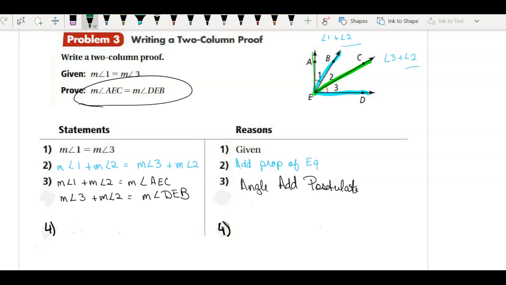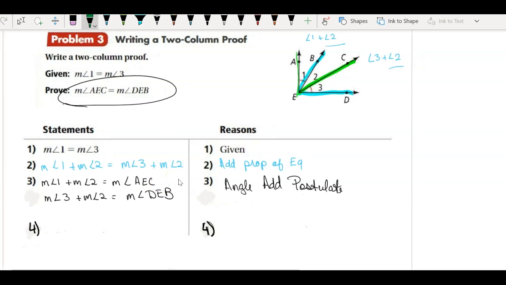So now I have what I need, because they tell me right here that the measure of angle 3 plus the measure of angle 2, oh, those are equal. And I know that the measure of angle 1 plus the measure of angle 2 is equal to the measure of angle AEC.